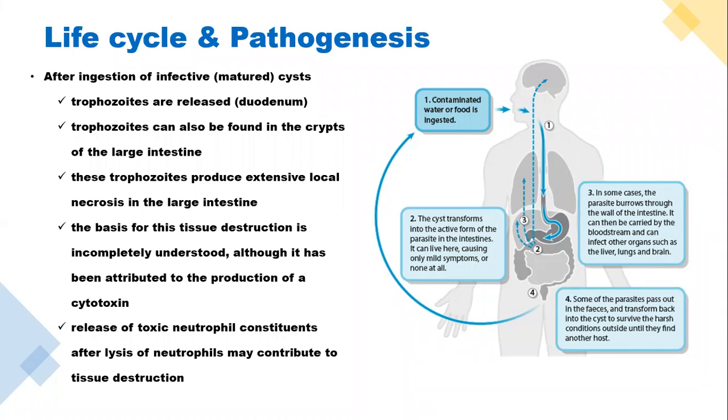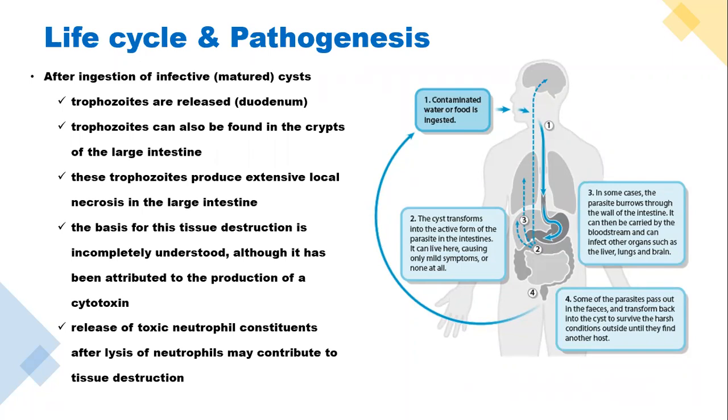These trophozoites produce extensive mucosal necrosis in the large intestine. That is why with time, the diarrhea associated with Entamoeba histolytica may become bloody. The basis for this tissue destruction is not completely known, but it's been attributed to the production of a cytotoxin.